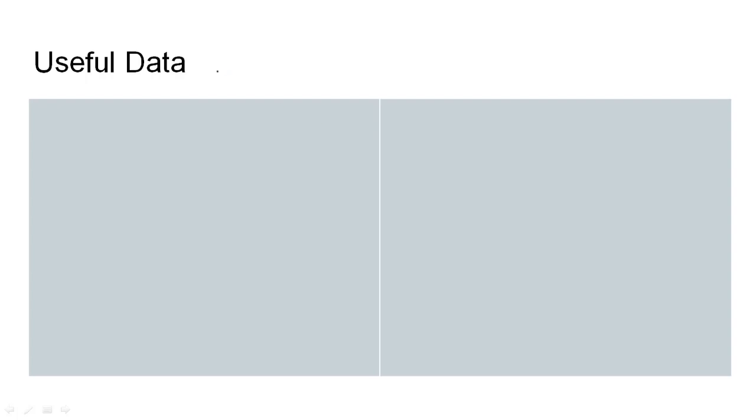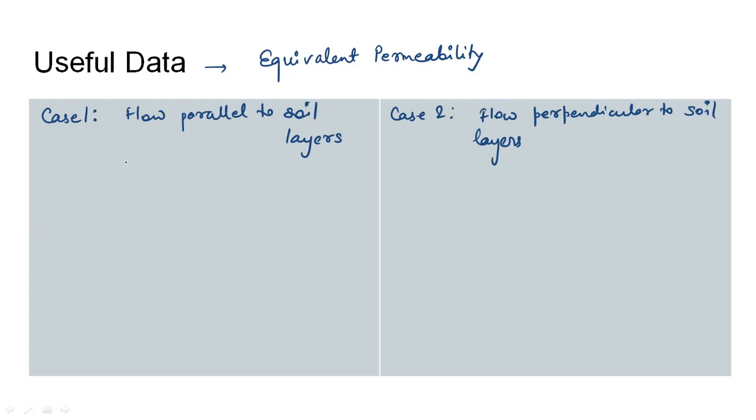So, when we need to find equivalent permeability, two cases are possible. The first case is that the flow is happening parallel to the soil layer, and the other case where the flow is happening perpendicular to the soil layer. So, in the first case where flow is parallel to soil layers, let us assume 3 layers of the soil whose thicknesses are T1, T2 and T3, and their permeabilities are K1, K2 and K3.